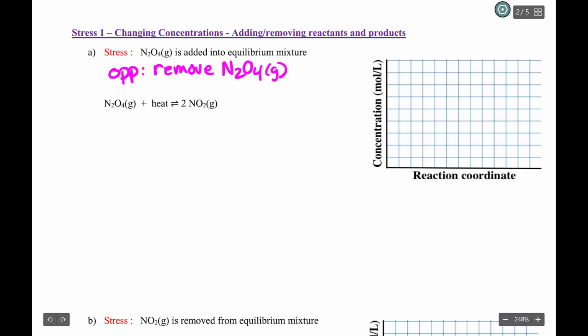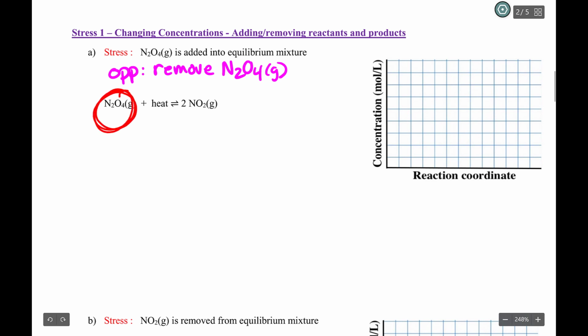But keep in mind, this system is closed. So the chemicals aren't going to open the valve and let some stuff out. It has to try to figure this out on its own. It's got to figure out a way to decrease the concentration of N2O4 within its system. Okay, so let's think about this.